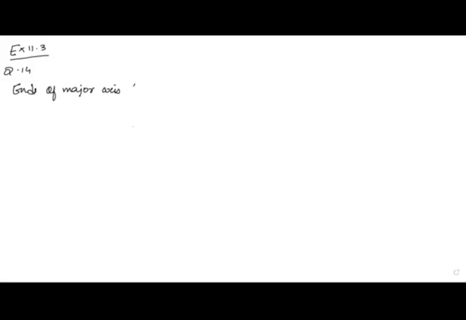Endpoints of major axis is 0, plus minus root 5, and ends of minor axis is plus minus 1, 0.